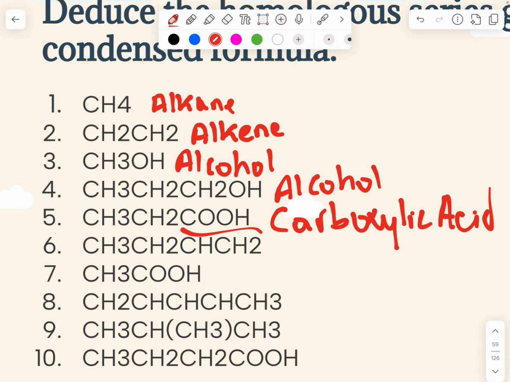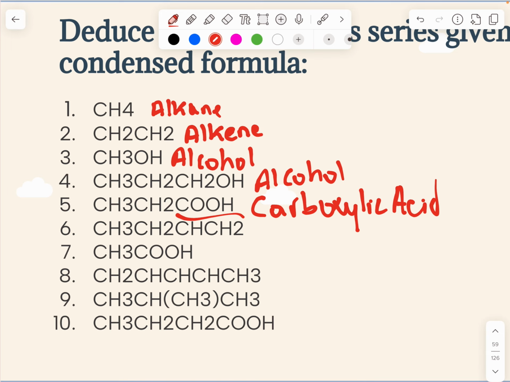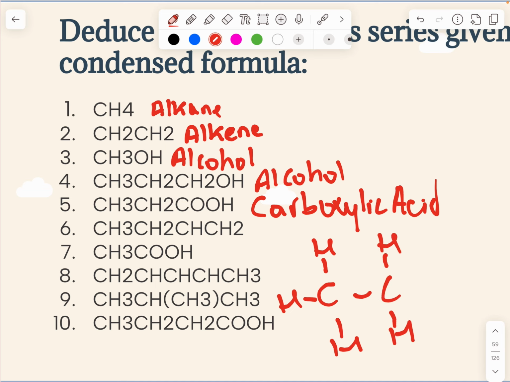Alright, number 6. Let's draw this one. Say it's carbon. The first carbon is bonded to 3 hydrogens. 1, 2, 3. The second carbon is bonded to 2 hydrogens. 1, 2. The third carbon is bonded to 1 hydrogen. And the fourth carbon only has 2 hydrogens. Whew. Something looks like it's missing, but it's not. And what we're going to do is check to see if all the carbons have a sufficient number of bonds.